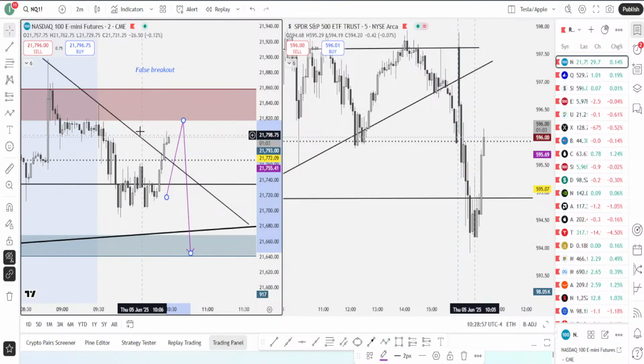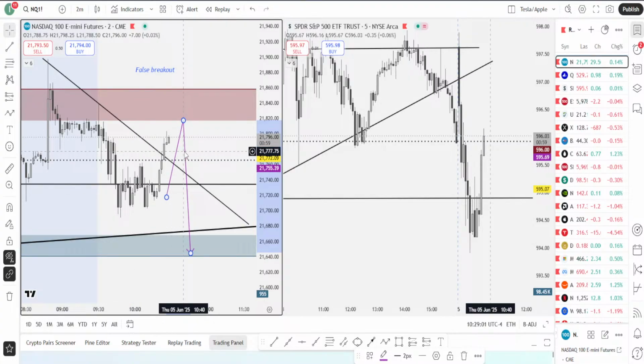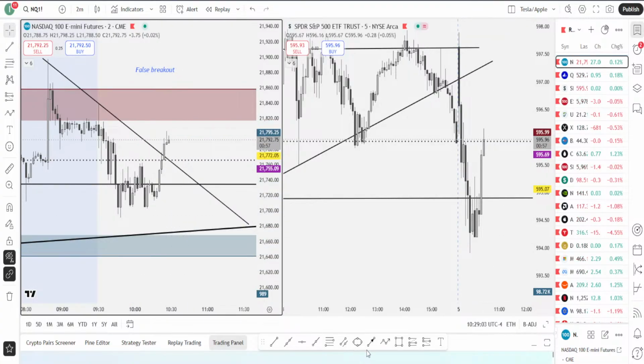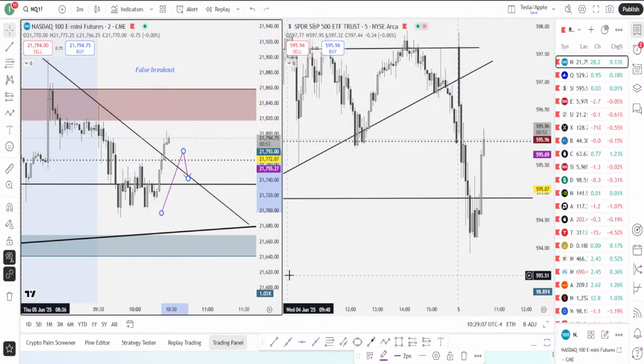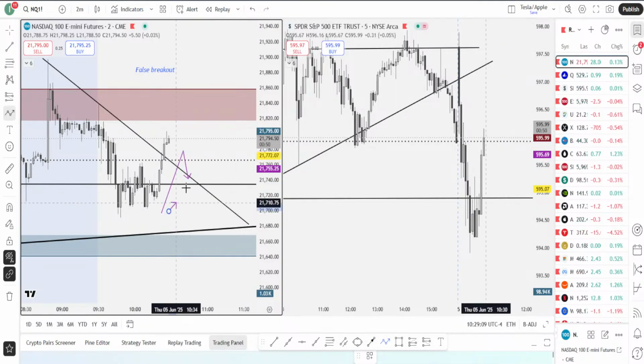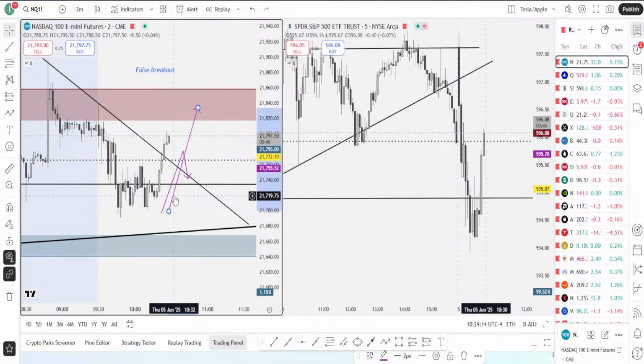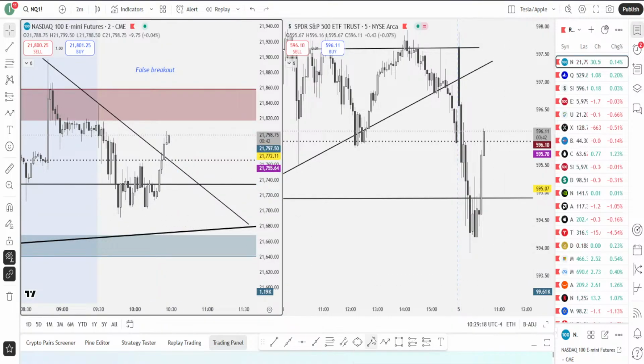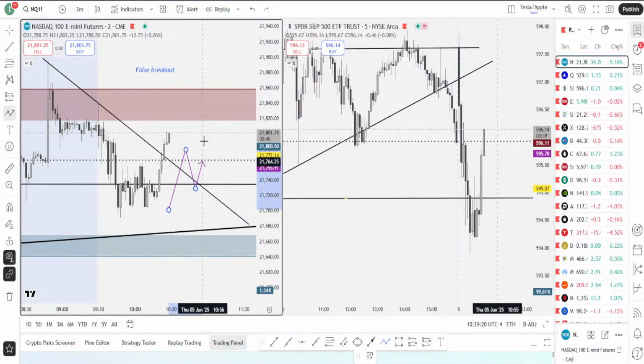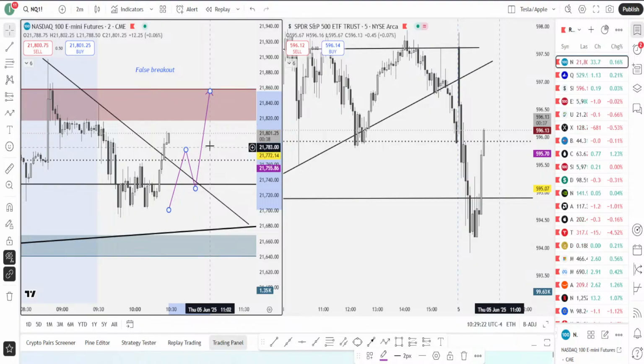Which is why when I trade breakouts, I like to trade the retest, because a retest can give you more confirmation that it's going higher. When you don't get that retest, it usually can flush the other way as well. So be careful buying this. I would want to see a pullback and retest if I was interested in buying this market.